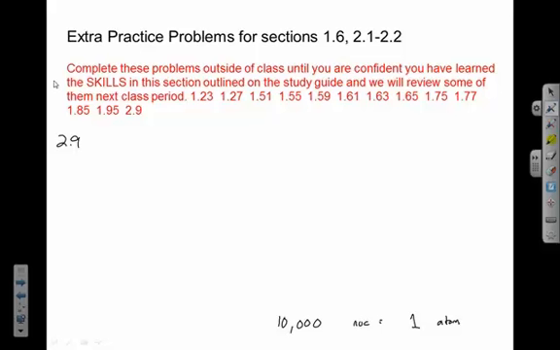Then it says, if the nucleus were enlarged to the size of 1 centimeter, what would be the radius of the atom in meters? So how many meters would be equal to an atom?